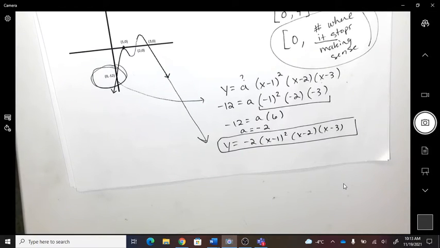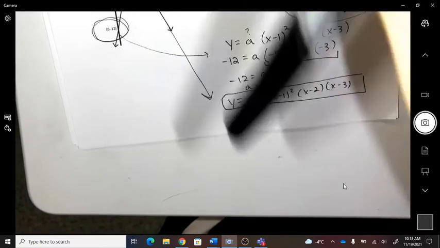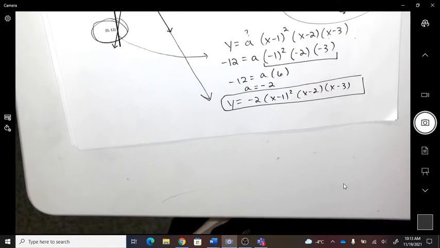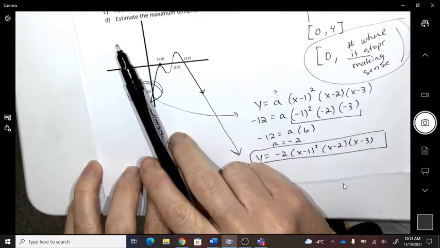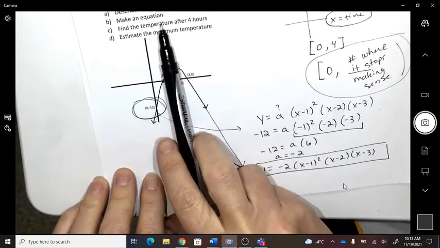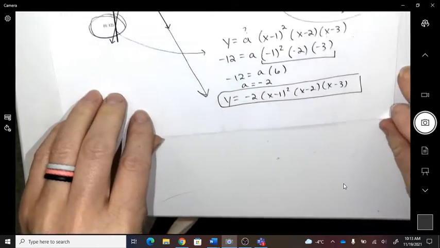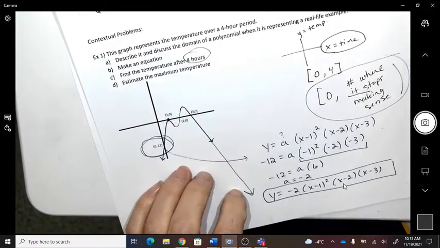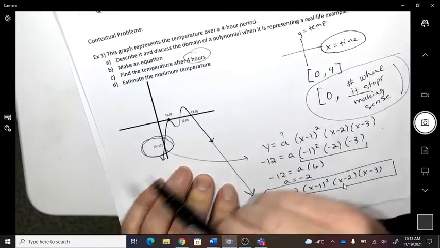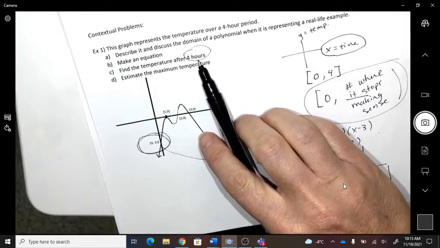Okay, so every time you write me an equation, you better have all your factors and your a value. Okay, question C. Find the temperature after 4 hours. Okay, what should I do with this? 4 hours, is that, in our case, an x or a y?